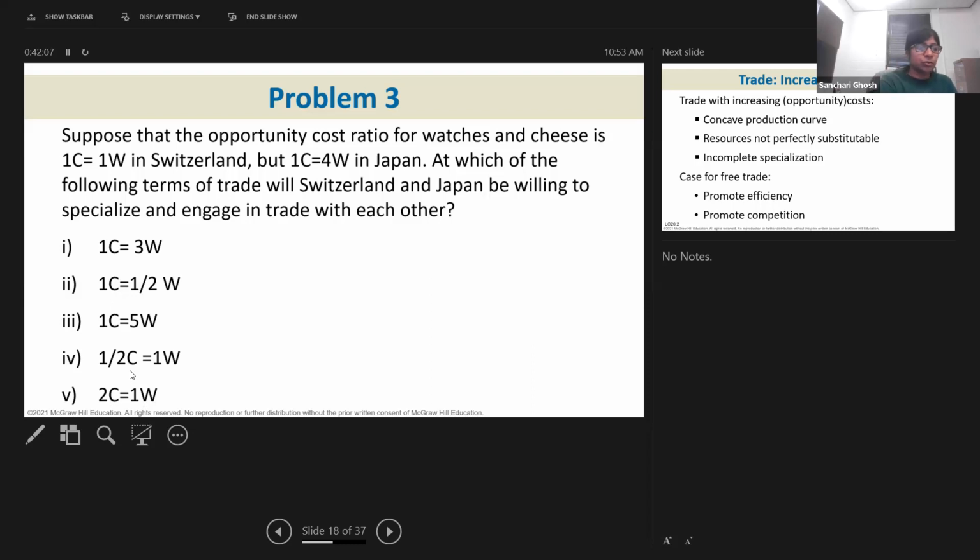Half a cheese equals 1 watch. Half a cheese equals 2 watches. Sorry, I interpreted it wrong. Cheese equals 2 watches. I don't know why I was getting confused with that fraction.